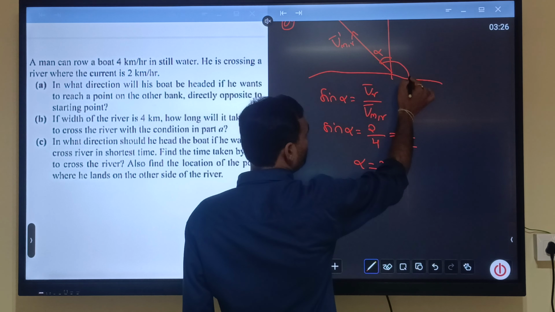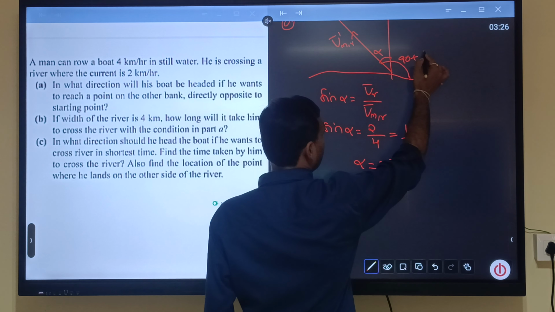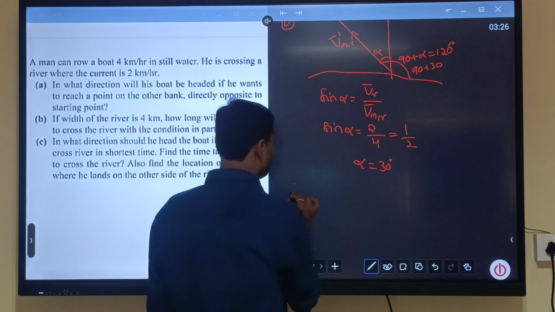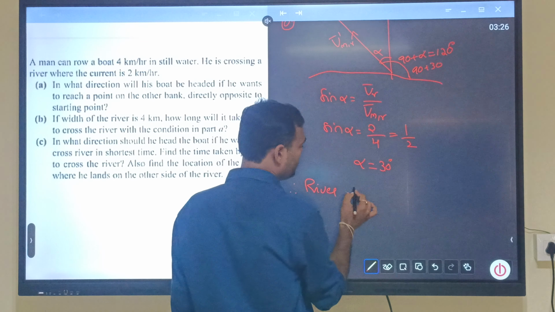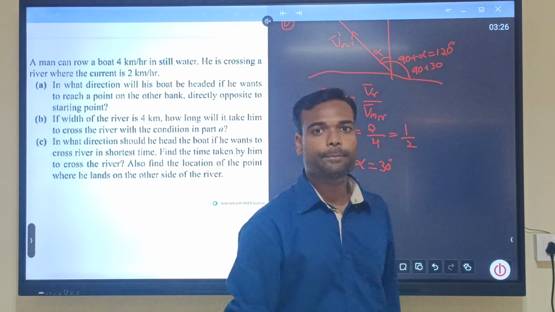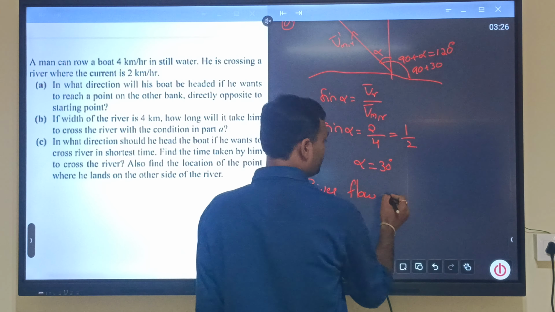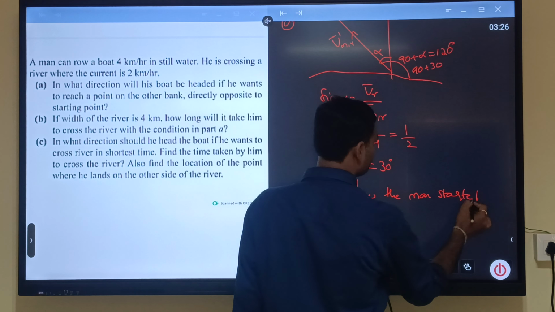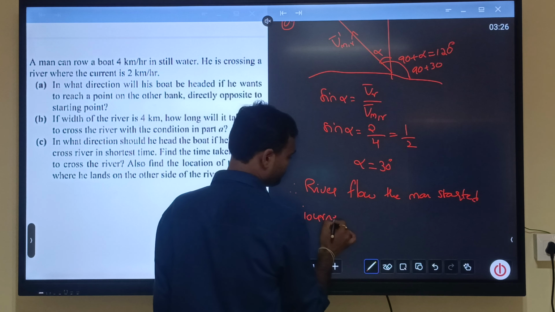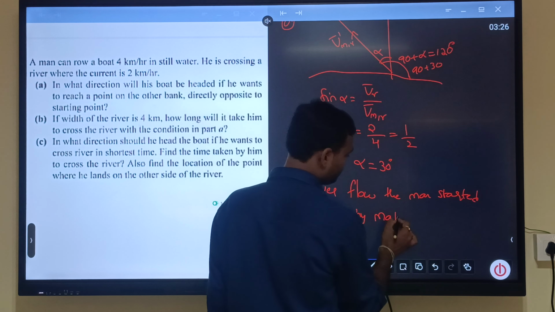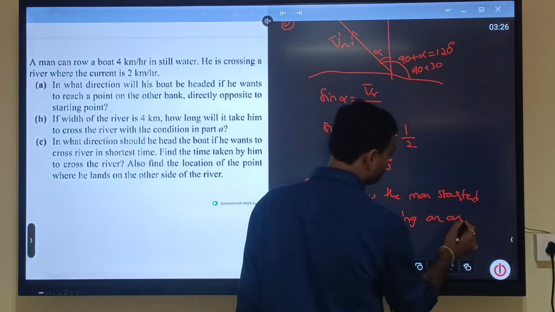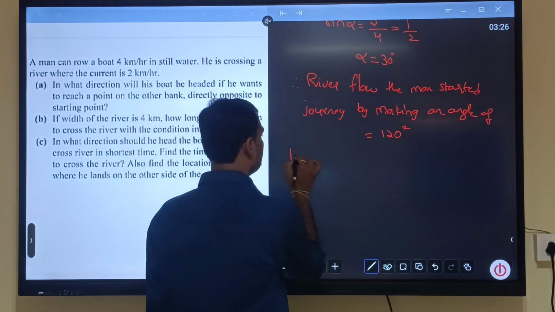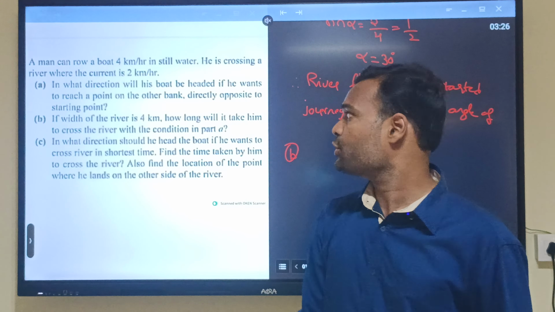Now with respect to river flow, that is, the river is flowing in the positive x-axis, with respect to river flow, the man started the journey by making an angle of 120 degrees. This is the first part, the solution, right?